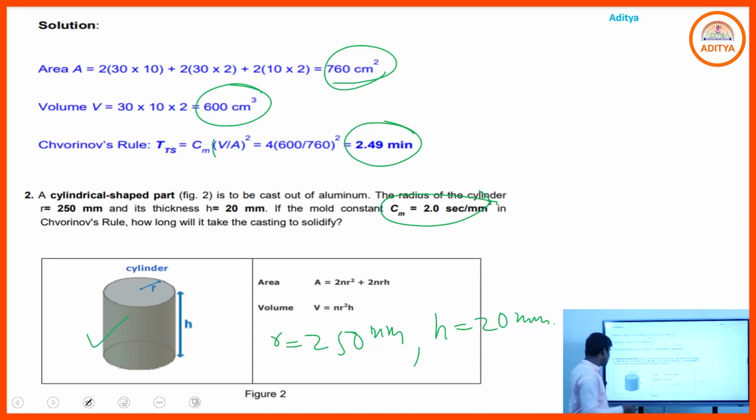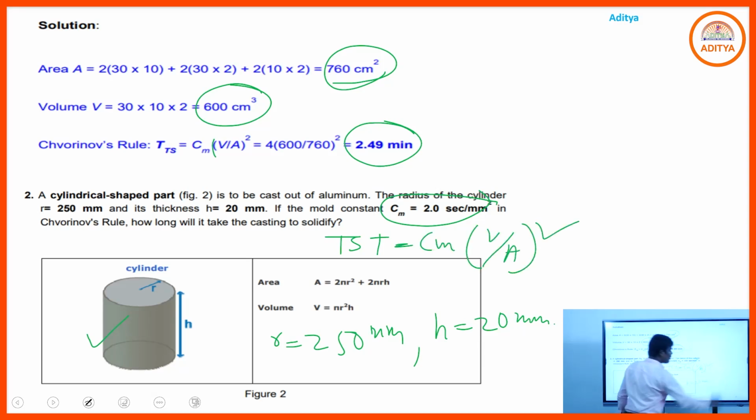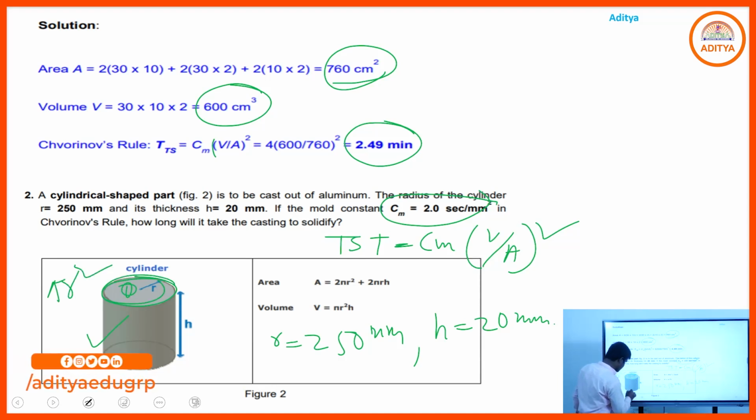So using the same formula, we know total solidification time TST equals Cm (V by A) whole squared. Using that formula, we find the total solidification time. In the case of a cylindrical block, we know that a circular area is pi r squared. That is one part, and that is the other part.